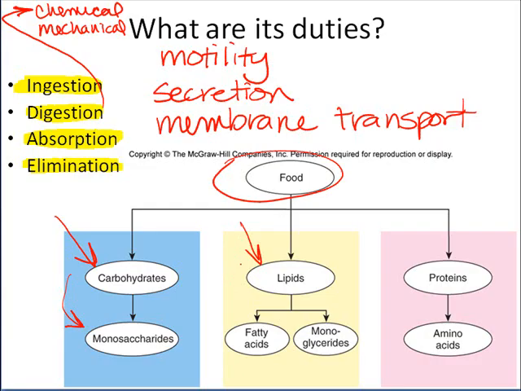And particularly with triglycerides, we have the ability to break those apart into some individual fatty acids and monoglycerides. We can take proteins and, using a process of chemical and mechanical digestion, eventually break that apart into the individual amino acids. And once we get down to this level, that's the point at which the molecules are small enough to be absorbed through the intestinal wall and into the blood.